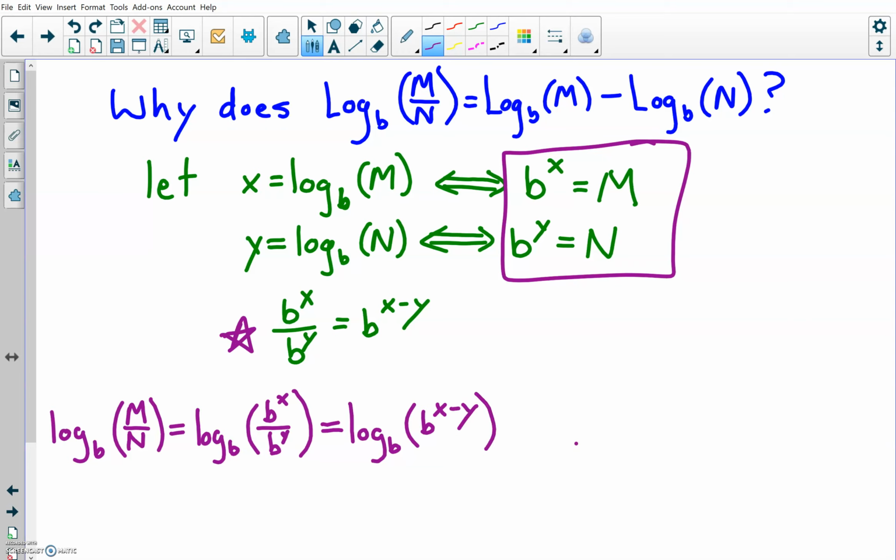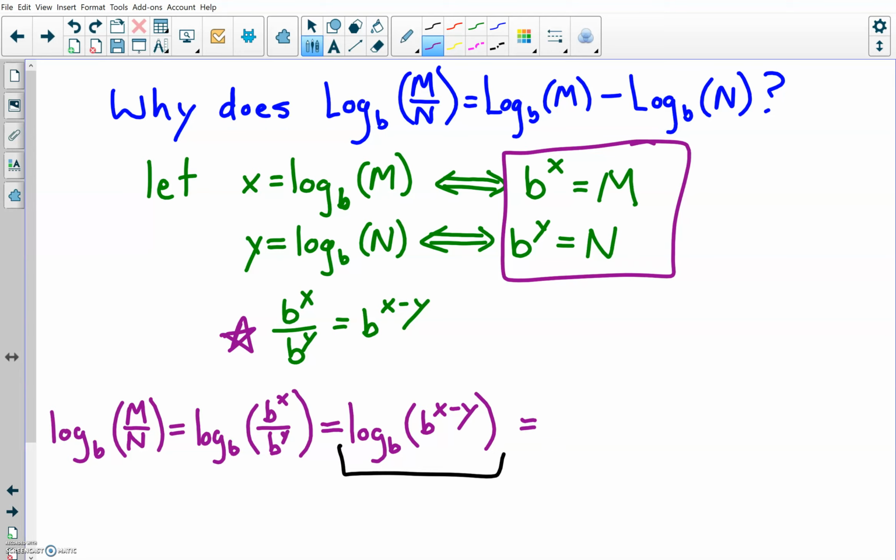And this is nice, but if you look up at the property, we don't have the subtraction up in a power. So this is where I need to also remember what the logs mean. This is important. Logs give you powers. Log results give you powers. More importantly, the answer to the log is the power needed to take that base and get the argument.